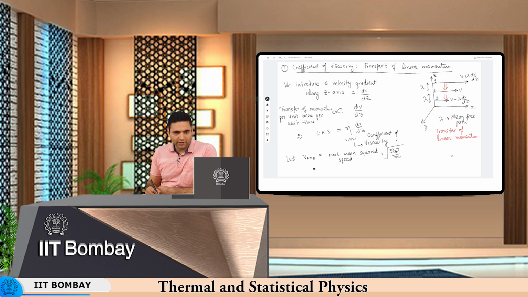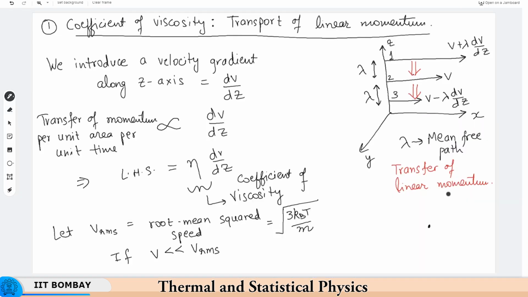If the net average speed V of molecules moving in plane 1 is much smaller than V RMS, in that case we can continue to assume that the gas molecules are still randomly moving in each direction.